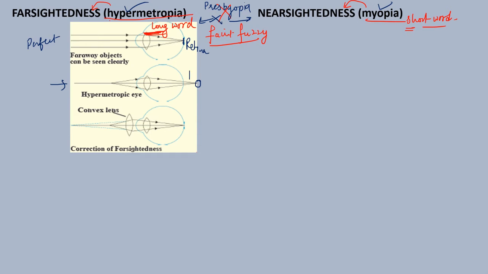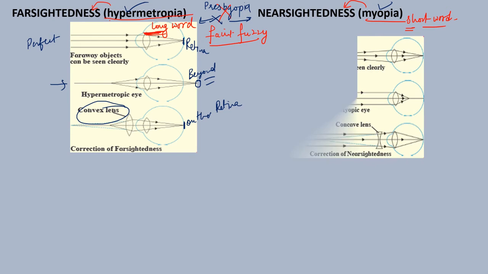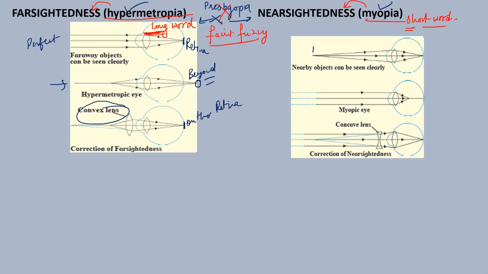So this is called hypermetropia. All right. So what is the correction done? We need a convex lens. So again, when we put a convex lens in front of the eye, the image is formed on the retina. All right, on the retina. Now in case of nearsightedness, see, this is called perfect vision.